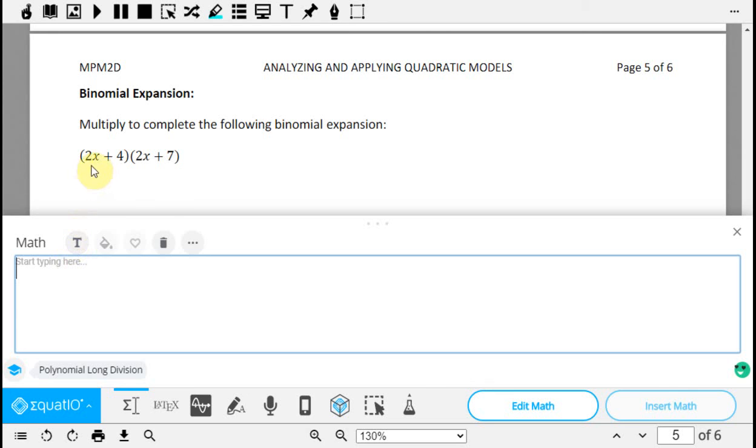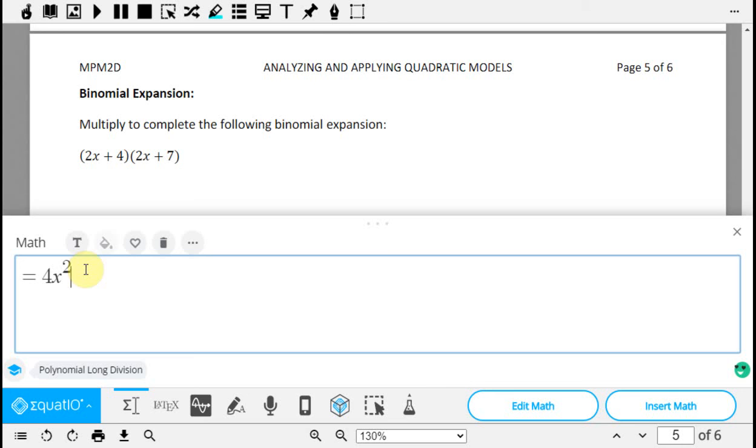When we do this, we multiply the 2x times both of these terms, and then the 4 times both of those terms. 2x times 2x is 4x squared, and I'm going to put an equals in front of here.